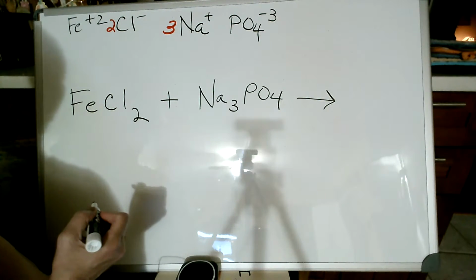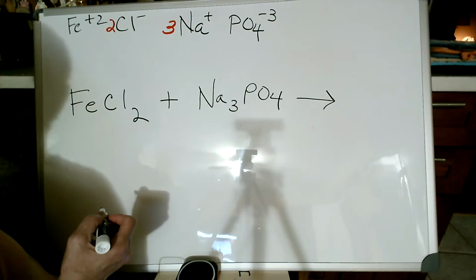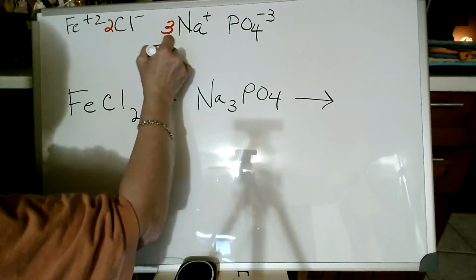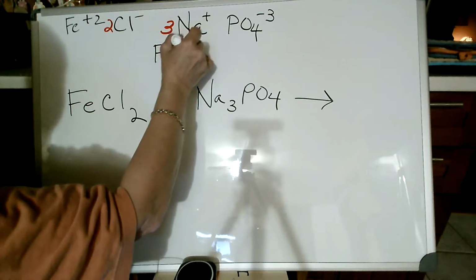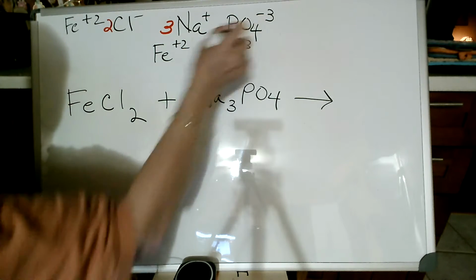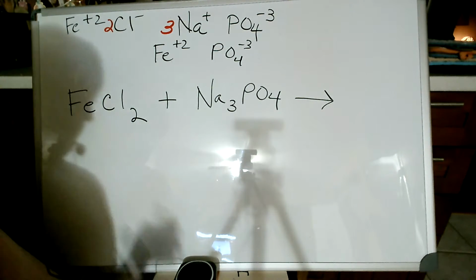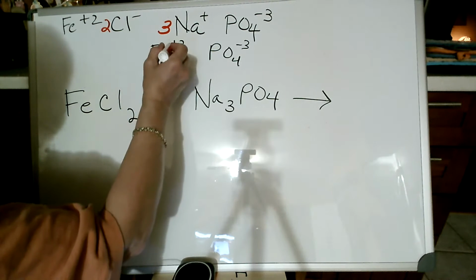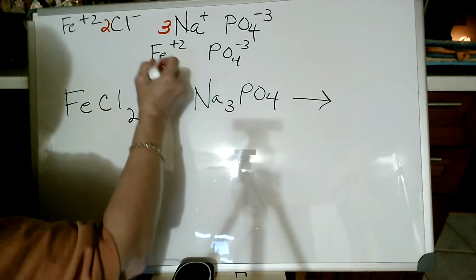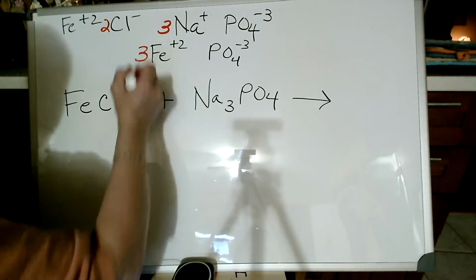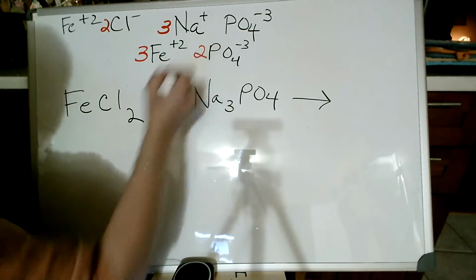And I've run out of room, but that's okay. I'm just going to write at the bottom. Iron 2 phosphate. Iron 2 is Fe positive 2. Phosphate is PO4 -3. You're going to have to finagle some work here for both. If this is 2 and that's 3, you're going to have to come up with a common multiple, which is 6. You're going to need a 3 in front of the iron and a 2 in front of the phosphate.